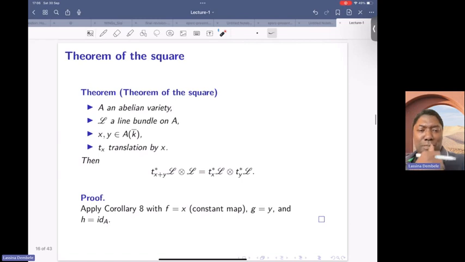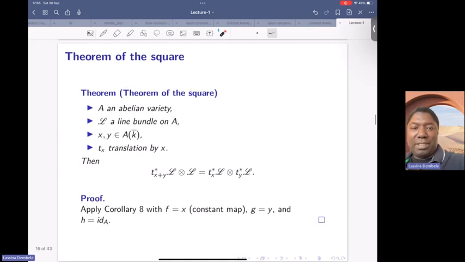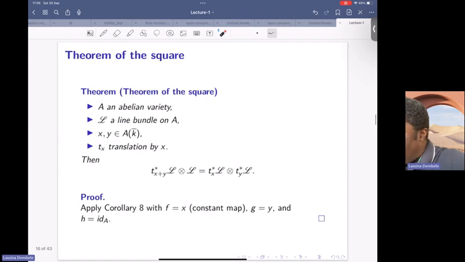And we let Tx be the translation by X. So under those assumptions, the theorem of the square says that if you take the pullback of L by X plus Y tensor with L, then you get the tensor product of the pullback of L by Tx times the pullback by Ty.